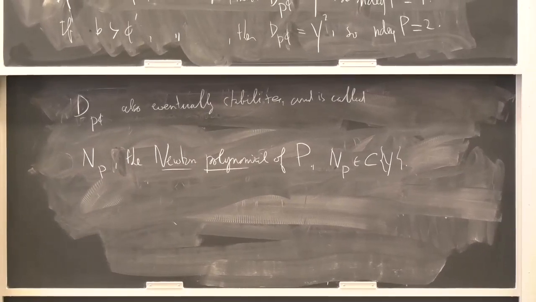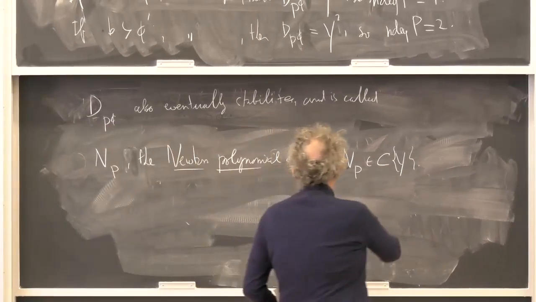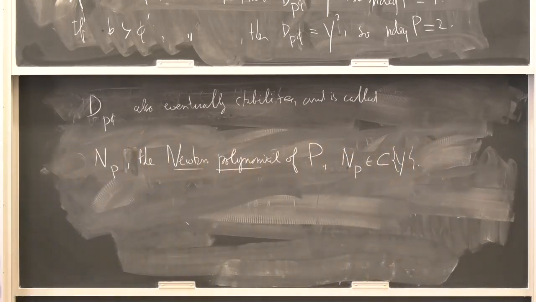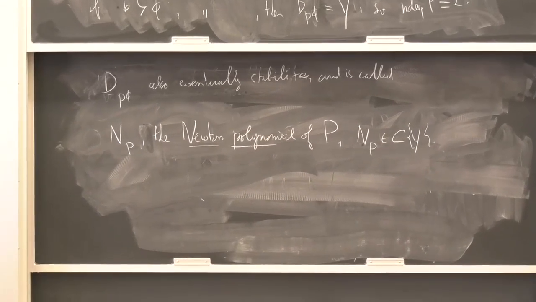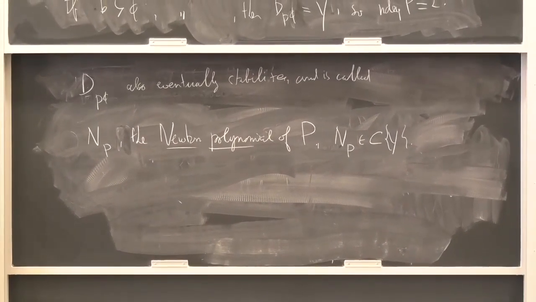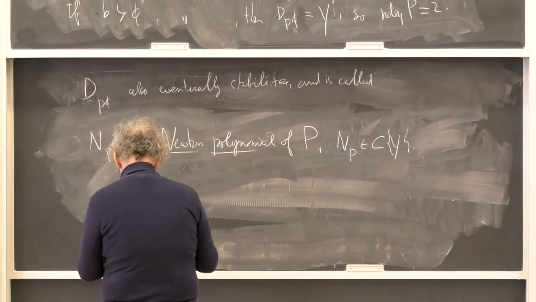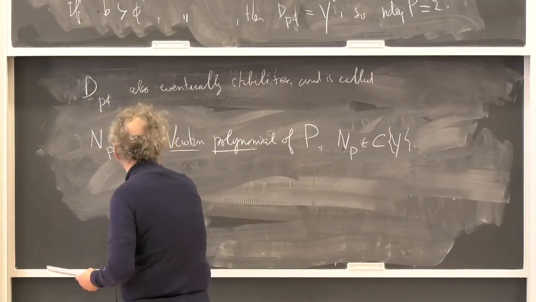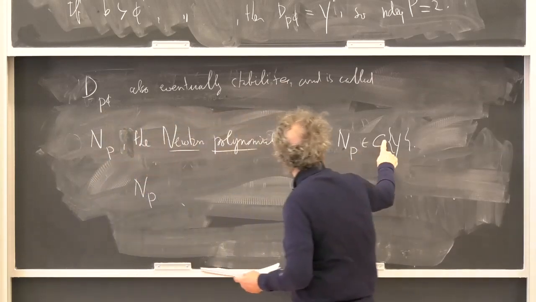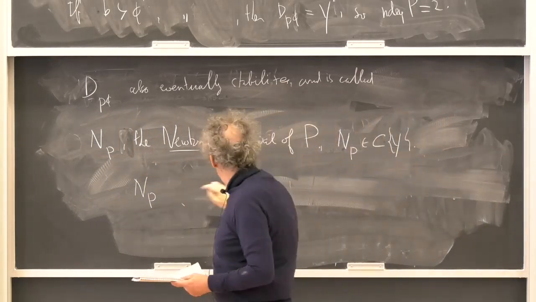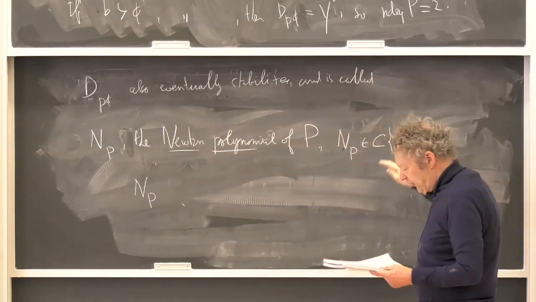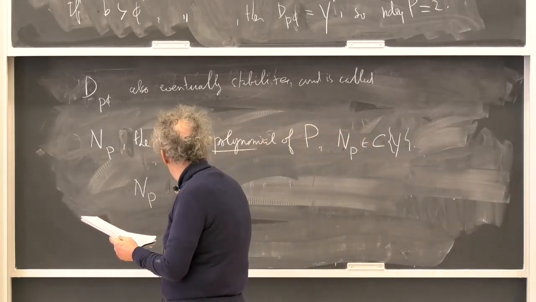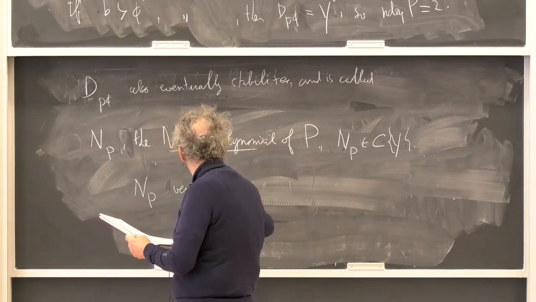And so that enables you to study the behavior of P for elements that are asymptotic to 1. It's a very special kind of differential polynomial since it has constant coefficients, and N_P is very useful.